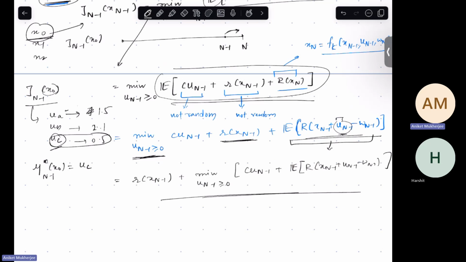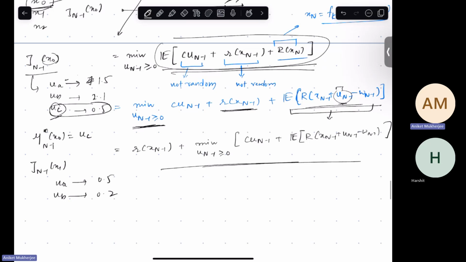Now, similarly, you do the same thing for J_{n-1}(x1). And suppose when you're at x1, you can take only two actions, u_a and u_b. You calculate this expectation for u_a and u_b, and you get 0.5 and 0.2. Then you choose this. Then you get mu_{n-1} star(x1) is 0.2.